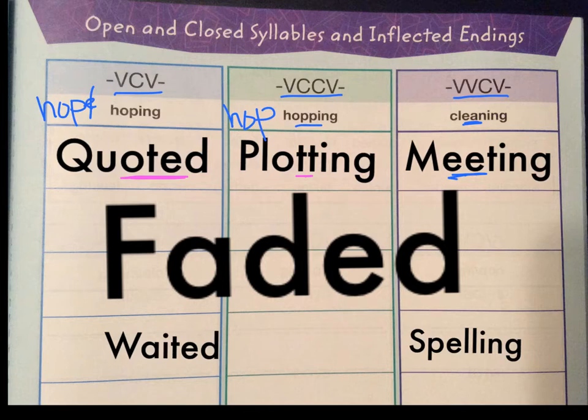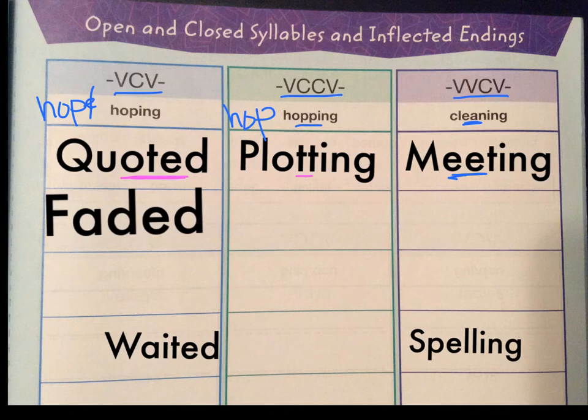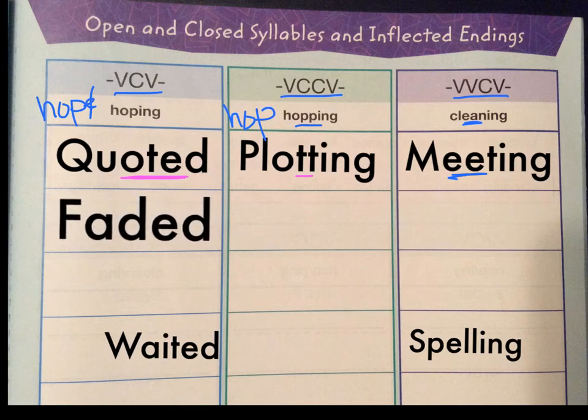Knowing that we took off the E and added the D, where would faded go? If you said the first column, you are correct. Faded goes in the first column. And then we can go ahead and look at that pattern. We see the vowel, consonant, vowel in the A-D-E.